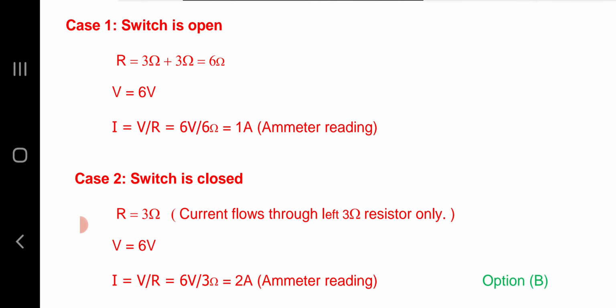So the solution is also given for you. Case 1, switch is open, total resistance is 6 ohm, V is 6 volt, and I is equal to 1 ampere, and that 1 ampere is the ammeter reading. Case 2, when switch is closed, in that case the resistance is 3 ohm and current will only flow through the left 3 ohm resistor, and the right 3 ohm resistor will be bypassed.